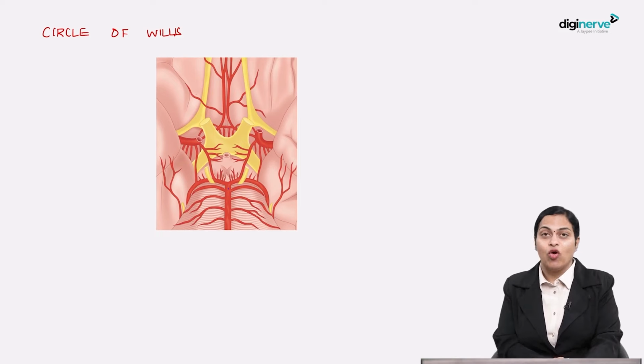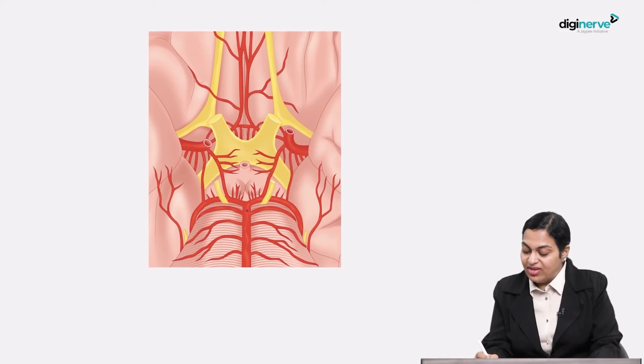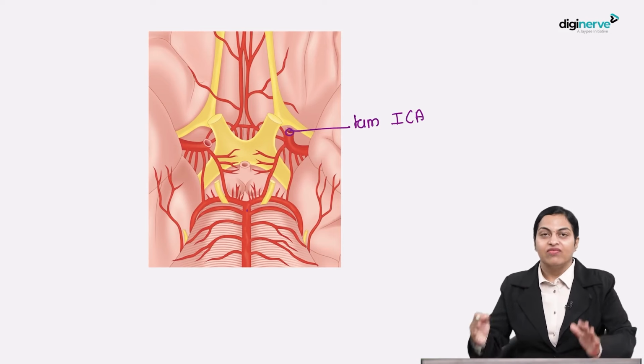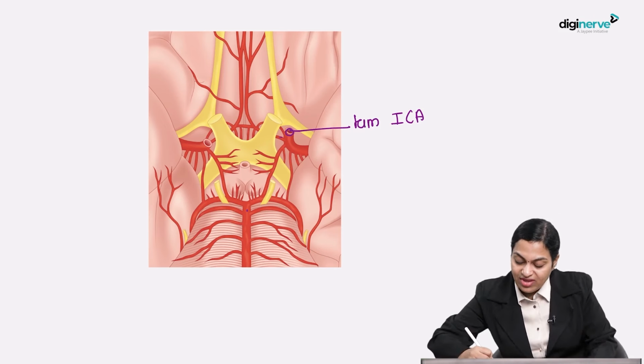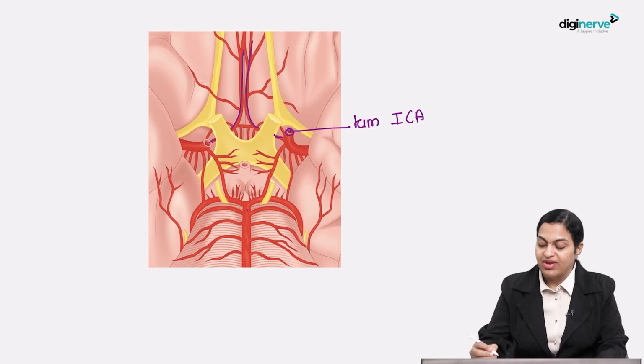It's a very high yield topic. Once they ask which of the following arteries is not contributing to the circle of Willis, that's why. So here, this is the terminal part of the internal carotid artery, which contributes to the circle of Willis on the lateral aspect. And coming from the internal carotid, this is the anterior cerebral artery.